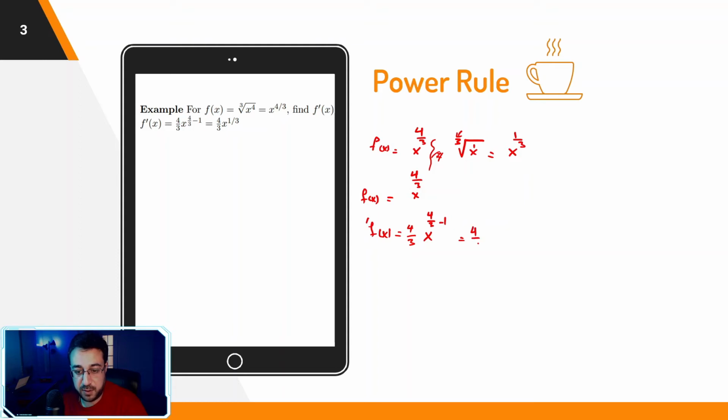So you have 4 over 3 multiplied by x to the power of 4 over 3 minus 3 over 3. You need to have the same denominator to do the addition or subtraction in this case for the power. So your final solution will be 4 over 3 multiplied by x to the power of 1 over 3. And that's exactly the final answer for you.